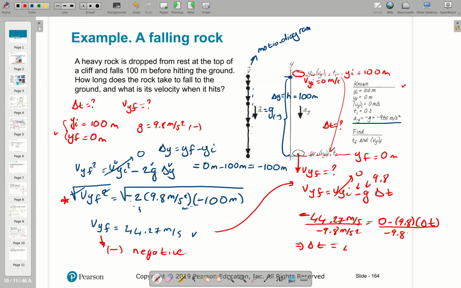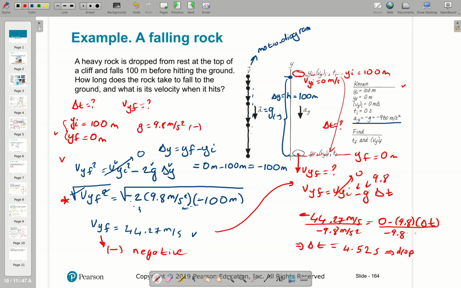Now, does this make sense? Remember, we draw an ugly picture. We evaluate the problem, understand what is happening, and then think about what equations you can use to solve it. We did that. We solved the problem, and then at the end we assess. 4.5 seconds to drop from 100 meters.